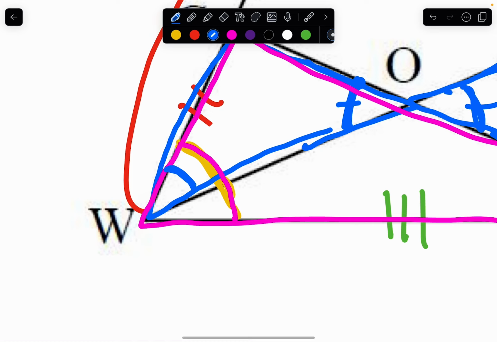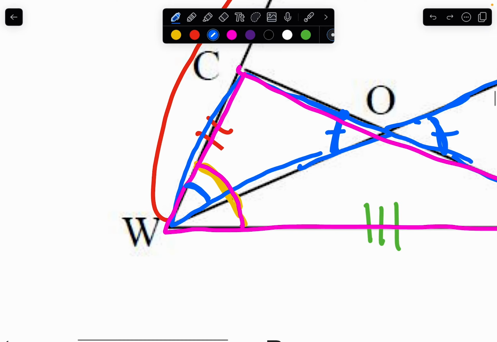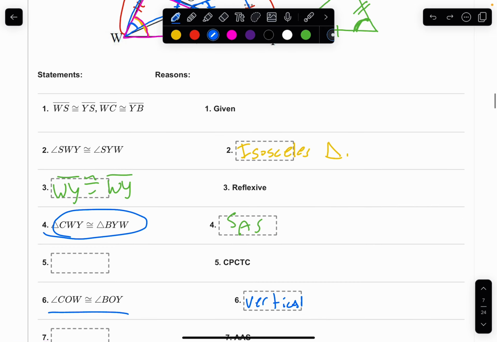So while they both have W in the name, there are three angle W's in the picture, right? 1, 2, whole thing, 3. Well, we don't want to do angle W. They're different angle W's, but they're the same angle C. So that angle at the top would be the CPCTC that we're looking for.